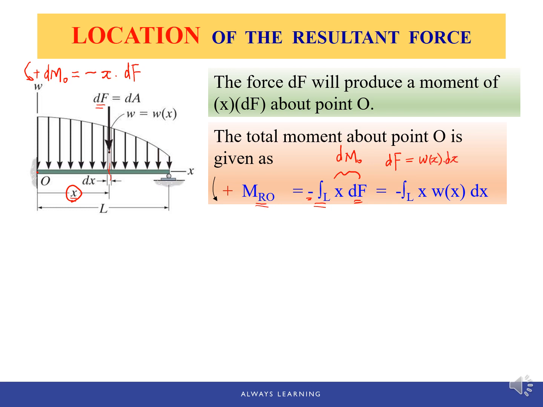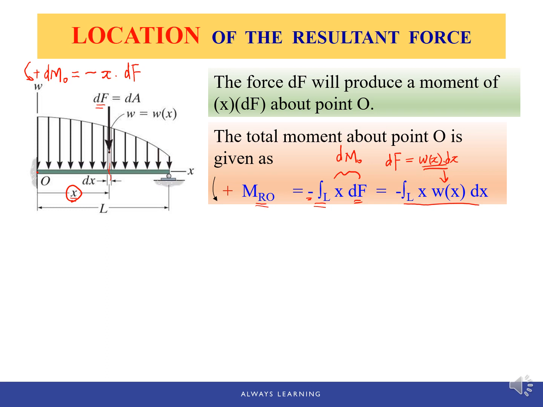So replace dF by w(x) times dx. Then this is the result we have. That means the total moment about point O because of this distributed load equals the integral of x times w(x) times dx, and it's clockwise rotation.